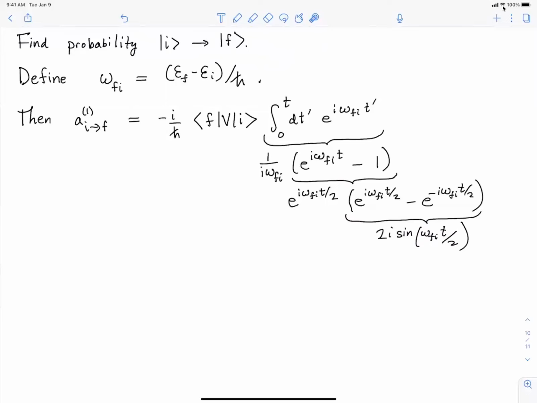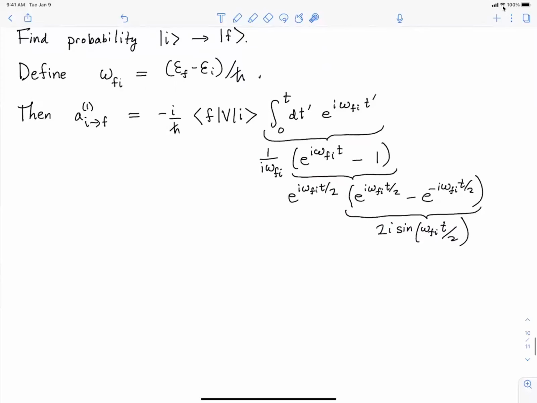And one nice thing that happens when you take the complex square is any phase that's involved, you can just ignore. So we're going to be able to ignore this factor, and this i and that i cancel. But even if they didn't cancel, we can ignore them because those are complex phases. When I take the complex square of this, they don't matter.